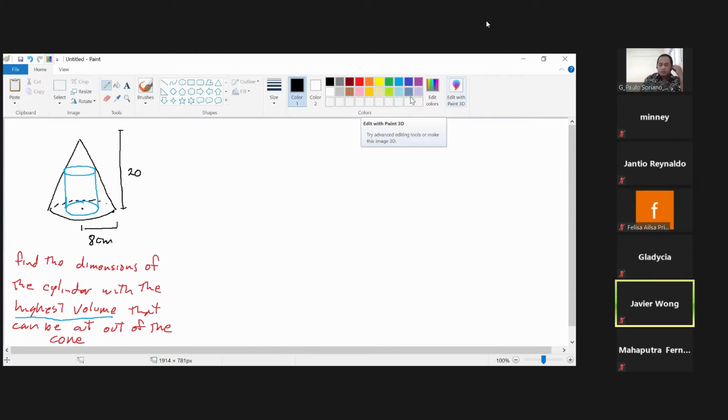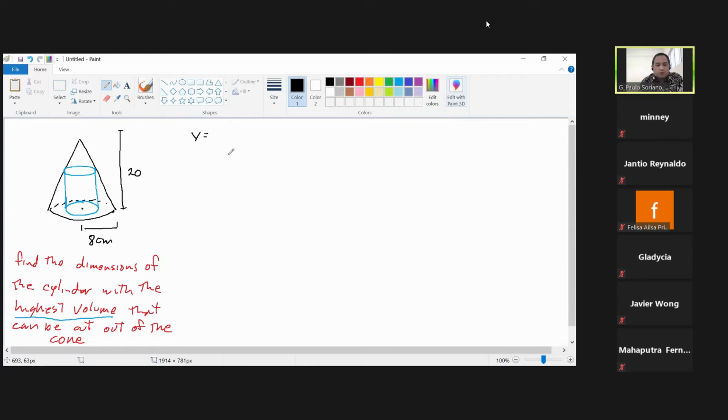Okay. So anyway, since we are looking for a volume formula, what's the volume of this thing that we have here? What's the volume of it? The cone or the cylinder, teacher?